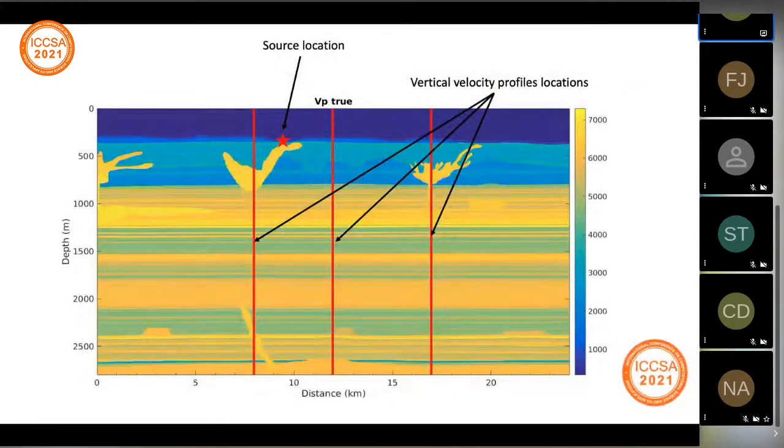So next is the quality control of the reconstructed model. We fix the source location at the top of the velocity intrusion indicated by the red star, and we use three vertical profiles indicated by red lines.